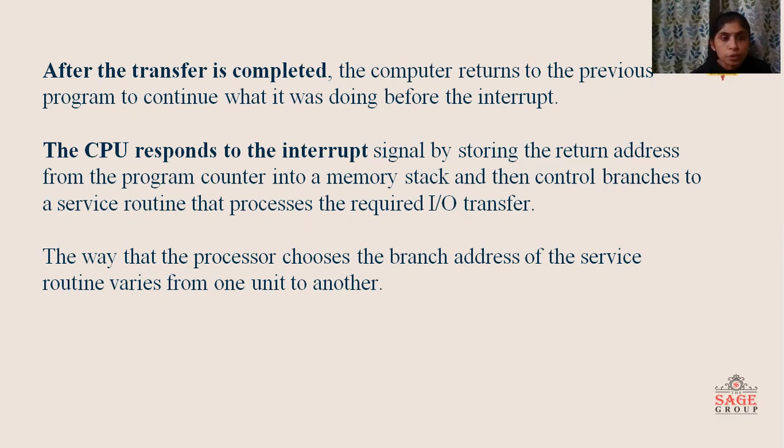The CPU responds to the interrupt signal by storing the return address from the program counter into a memory stack, and then control branches to a service routine that processes the required input output transfer. The way the processor chooses the branch address of the service routine varies from one unit to another.